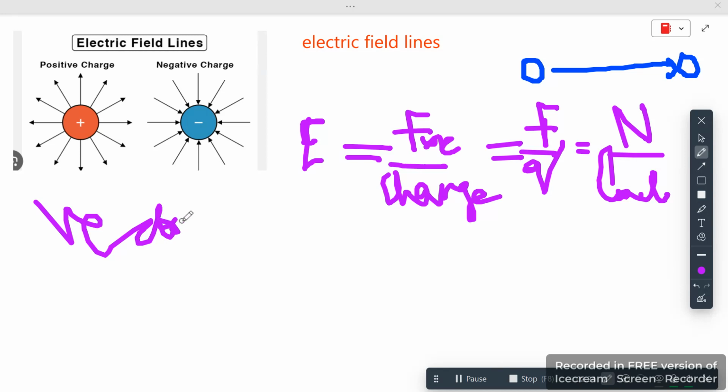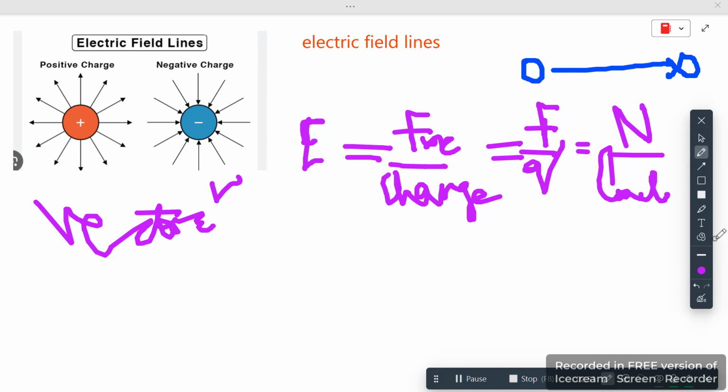You can look at this picture. We have the charge, which means it particularly has a direction. Whether it goes in the positive or the negative direction, at least it has a direction, plus it has magnitude. That's why, since it has a direction, we can call it a vector quantity.